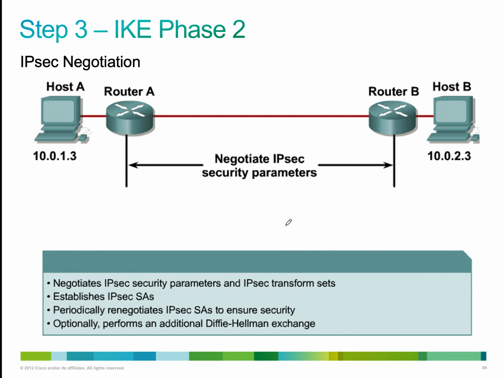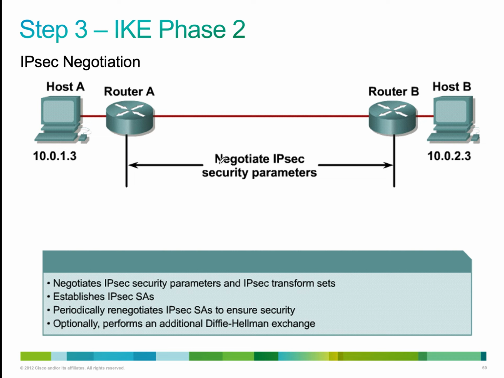Negotiate IPsec security parameters or transform sets. Then you establish IPsec SAs and periodically renegotiate the IPsec SAs to ensure security constantly, and also perform an additional DH exchange. So this is what you're supposed to do in phase two.